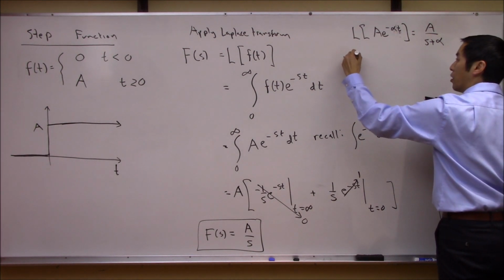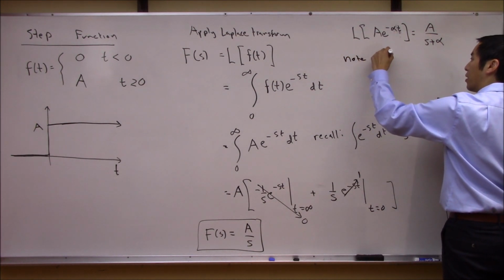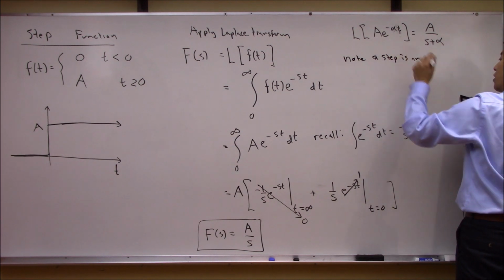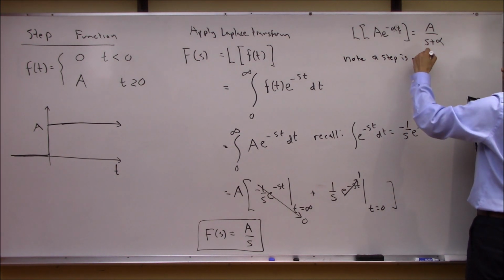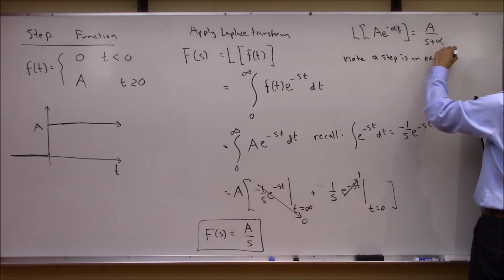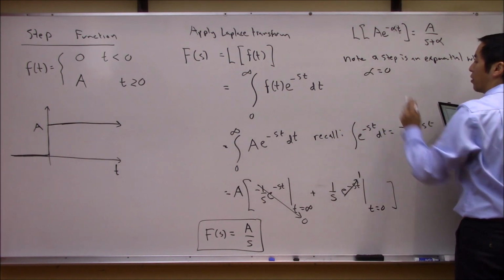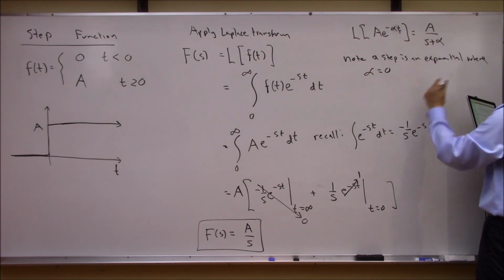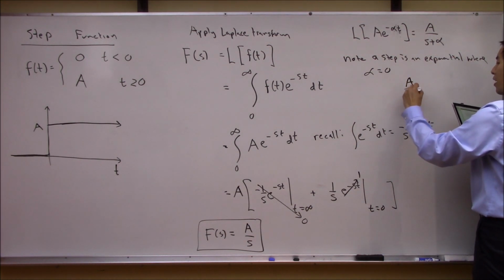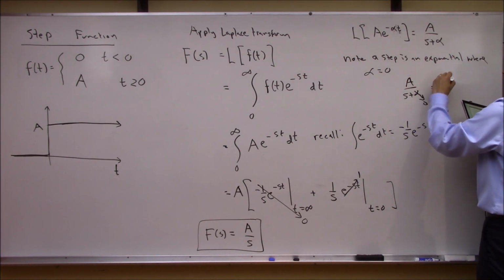Note that a step is a special type of exponential where alpha is equal to 0. So look at that: a over s plus alpha, if alpha is 0, you end up with a over s.